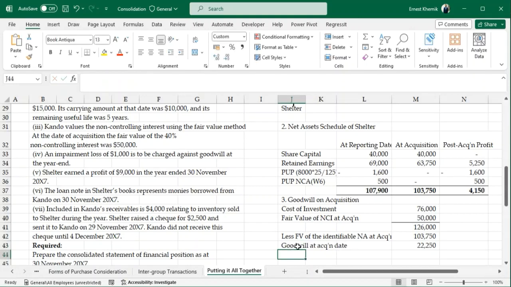Then we were told goodwill has been charged with an impairment loss of 1,000. As I said in my previous video, goodwill is not amortized.